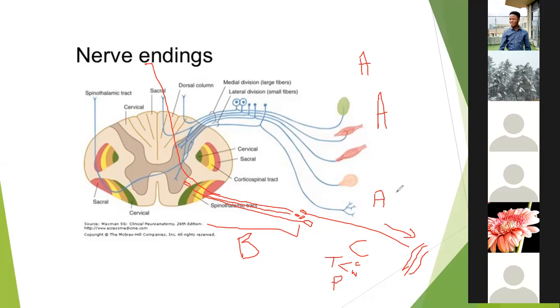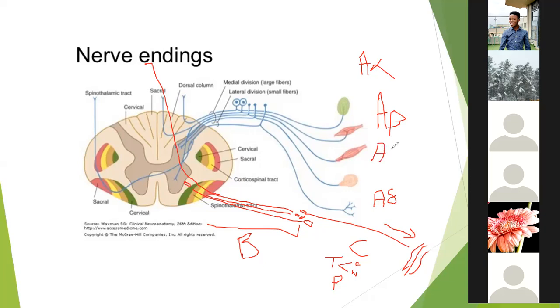It is very fast, but it is slower than the cutaneous, and it is slower than the proprioceptors. Vibration, touch, all those also fall under cutaneous, but slower than the muscle spindle, so they are usually the beta. Muscle spindles, skeletal muscles are very, very fast, so they are the alpha, which leaves the A gamma, which falls under what?